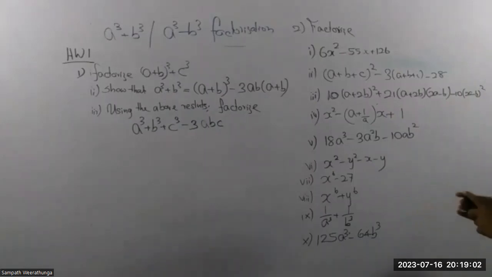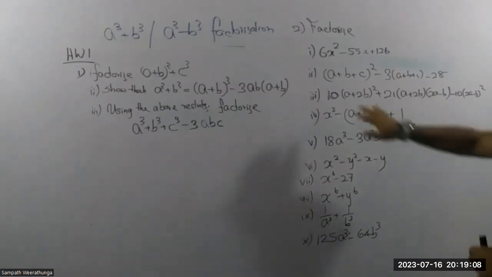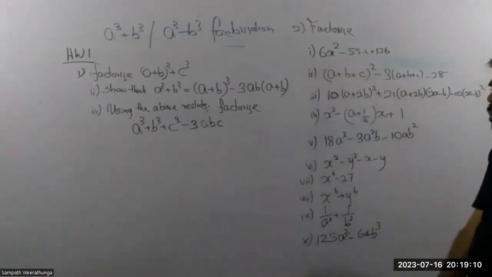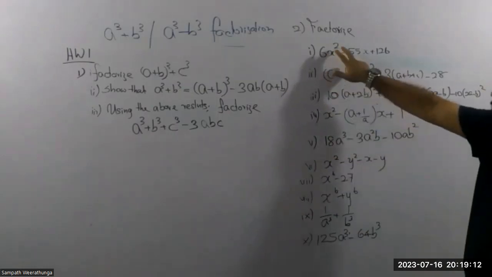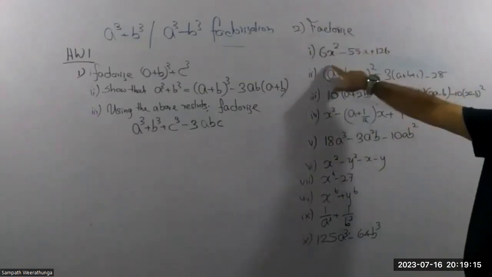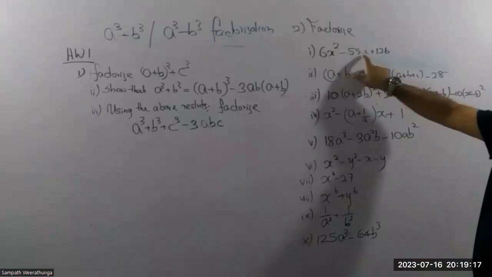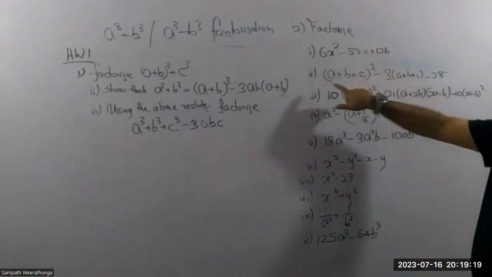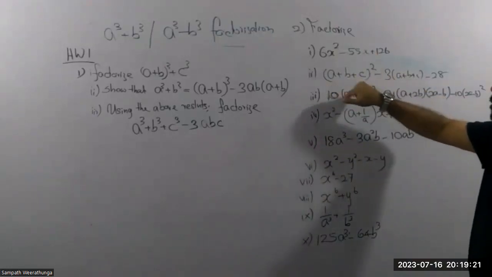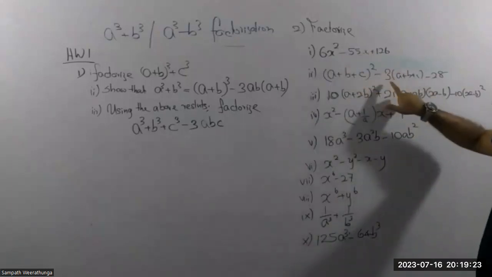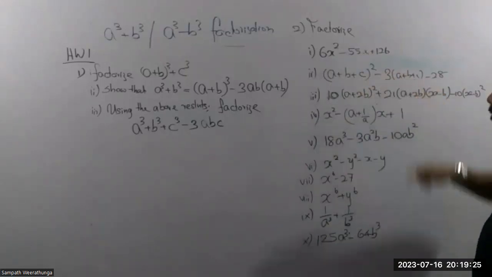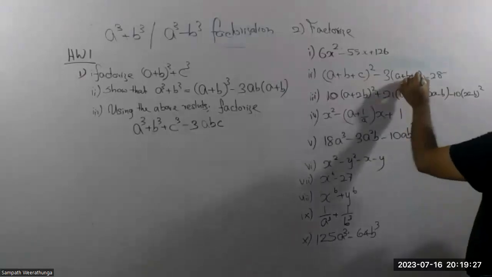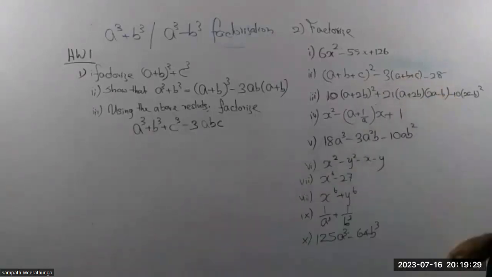I'll read them if they are not properly seen. First one is okay. The problem is to factorize 6x squared minus 55x plus 126. The second one is (a plus b plus c) whole thing squared minus 3 into (a plus b plus c) minus 28.